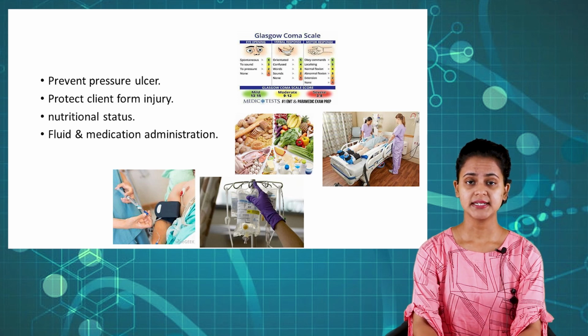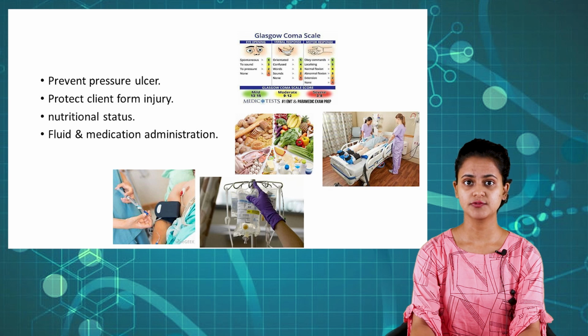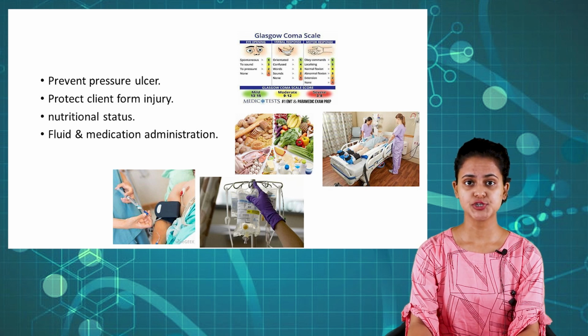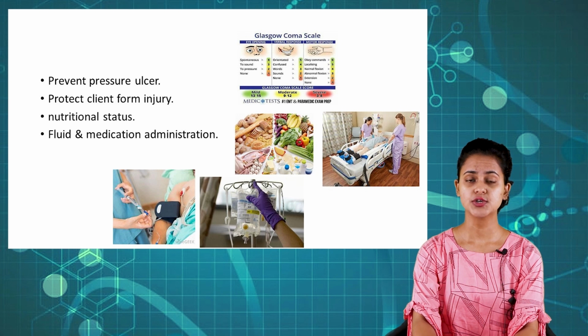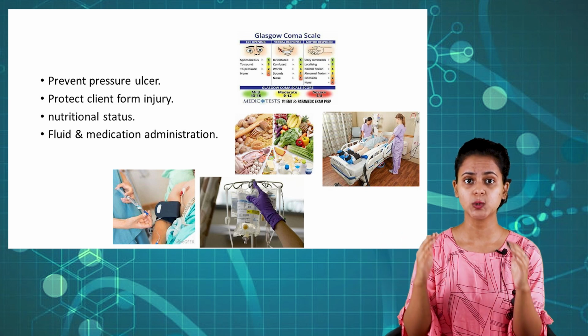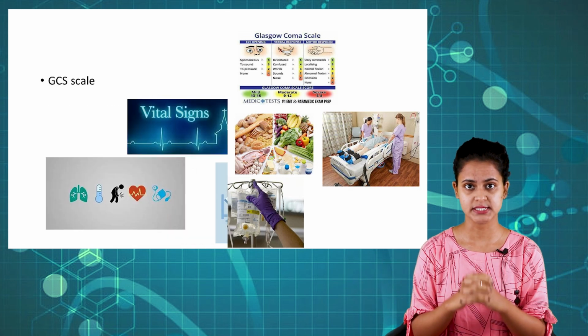Maintenance of the fluid electrolyte status in the body is also a sole responsibility of a nurse. Administration of medication would definitely be done by a nurse, so a proper medication chart will be followed as prescribed by the physician.